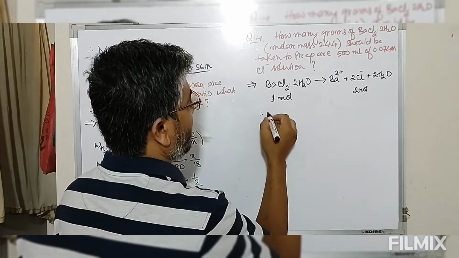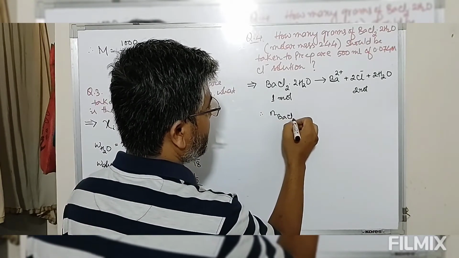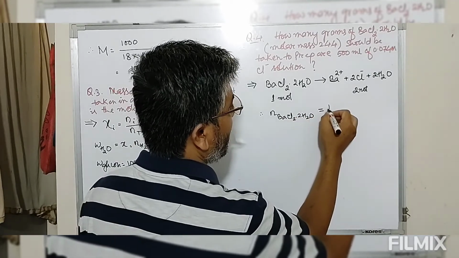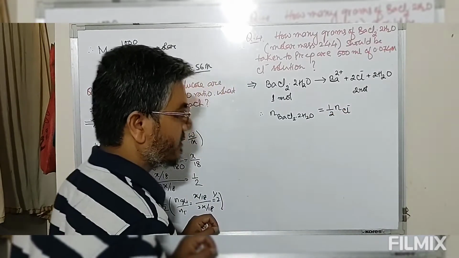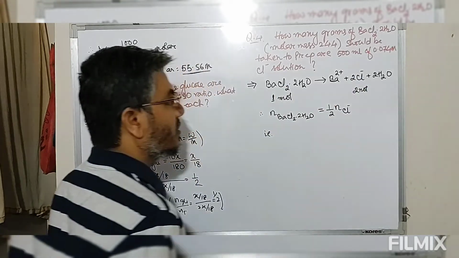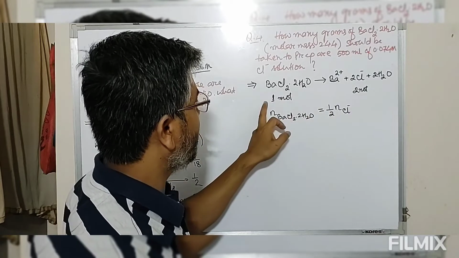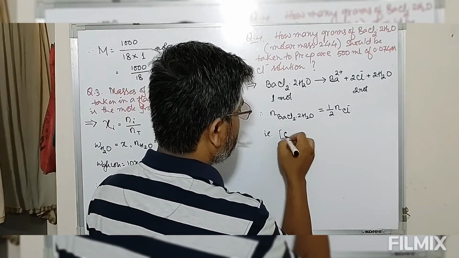Therefore, number of moles of BaCl2 2H2O should be equal to half of the number of moles of Cl minus, because 2 moles of Cl minus come from 1 mole, so 1 mole of Cl minus will come from half mole.